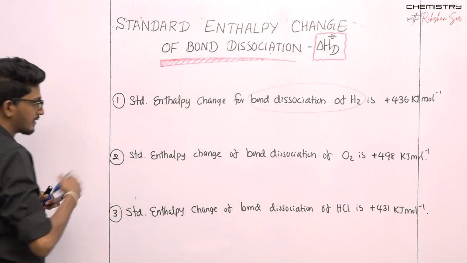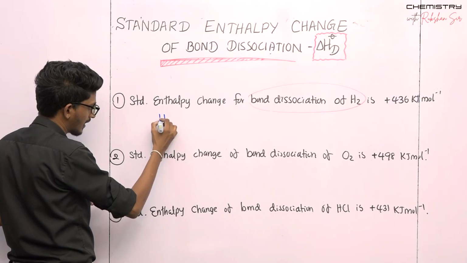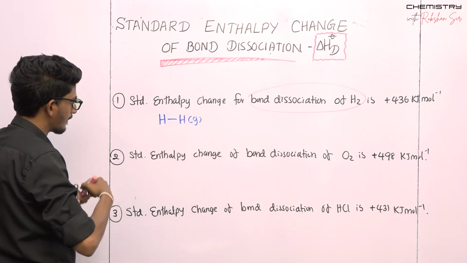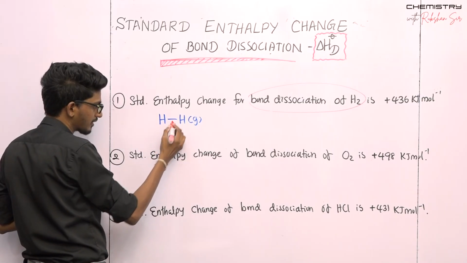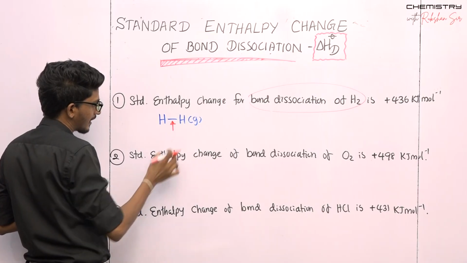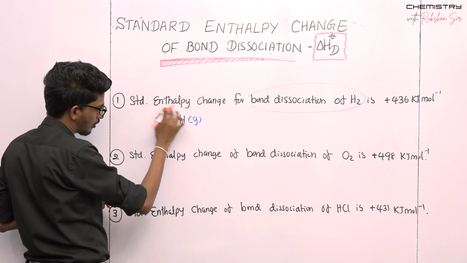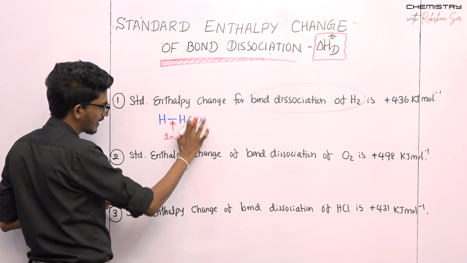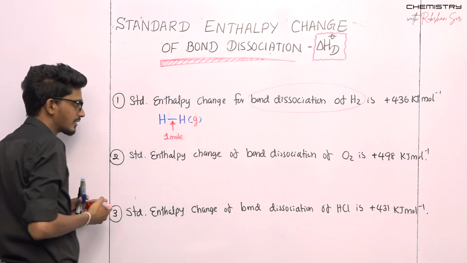Okay, let's start with that. You are supposed to break 1 mole of these gaseous bonds, 1 mole of bonds in the gaseous element/compound. So it's the elemental form here. It's important to note that this is going to be gaseous.